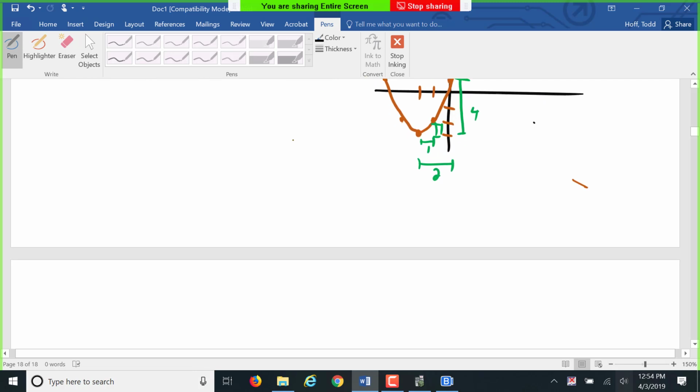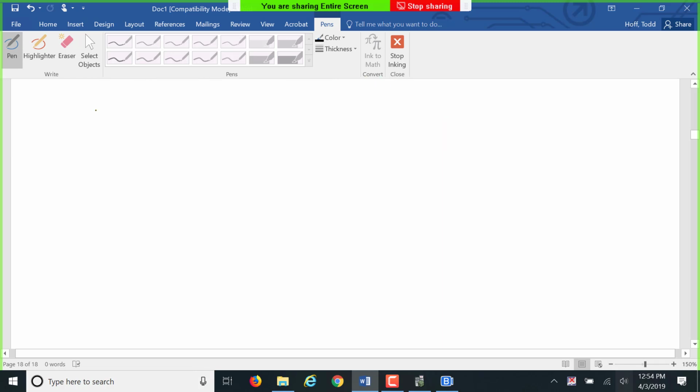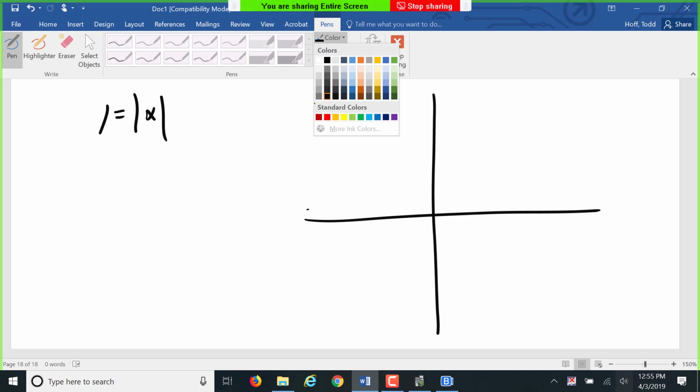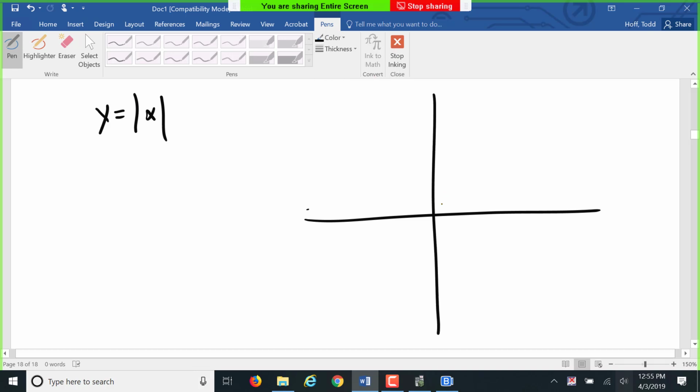Well, let's look at some other forms of equations. Y equals the absolute value of x. We saw yesterday that this forms a V on our graph. We could actually turn this into a piecewise function.